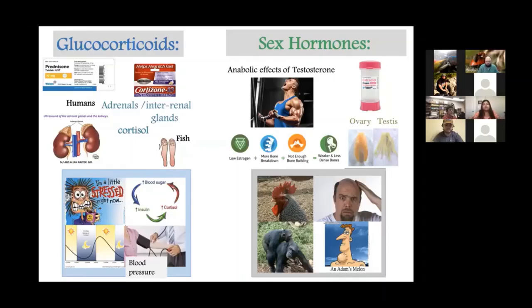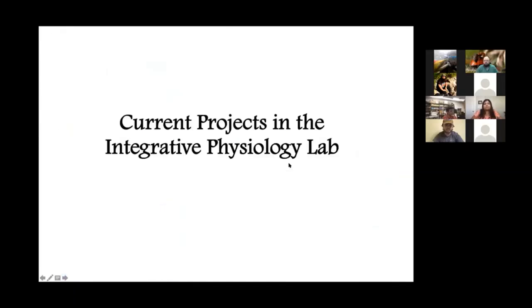These hormones regulate your reproductive behavior, but also what your sex organs look like. What's interesting is that estrogens affect bone health in both men and women.